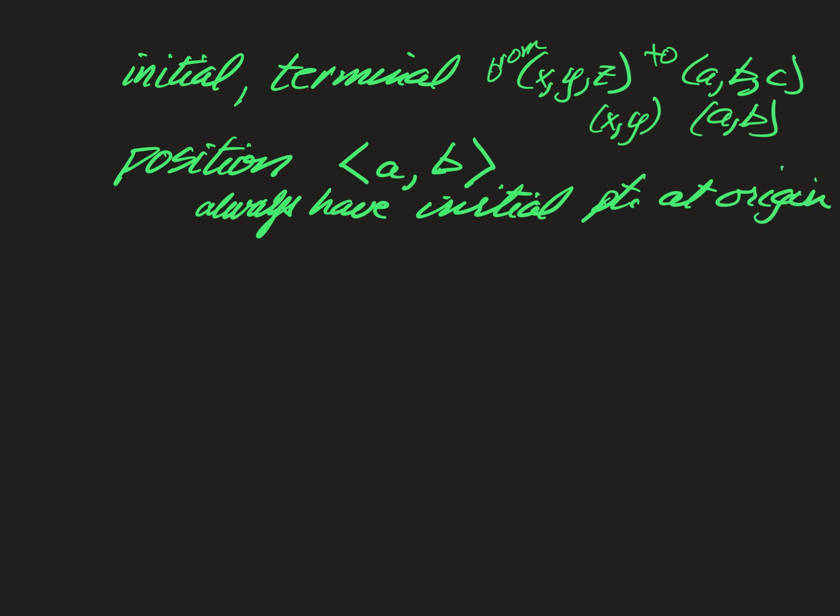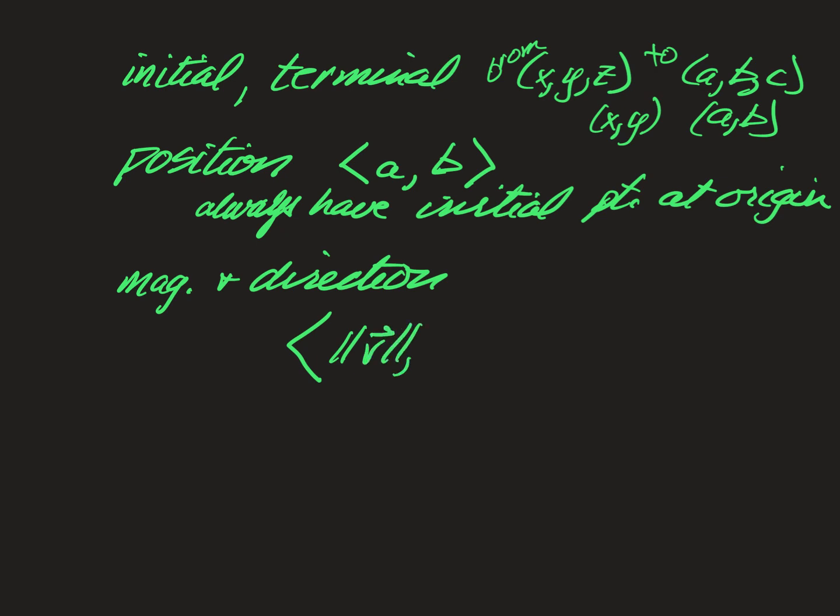Okay? And now we're going to start writing vectors in terms of magnitude and direction. And so we could take a vector and we could write it like this: the magnitude of a vector and its direction given by an angle. And so that's another way we write vectors.